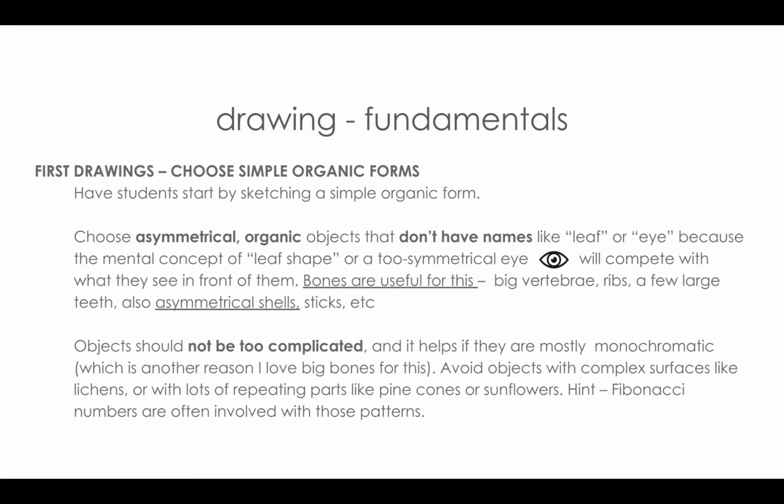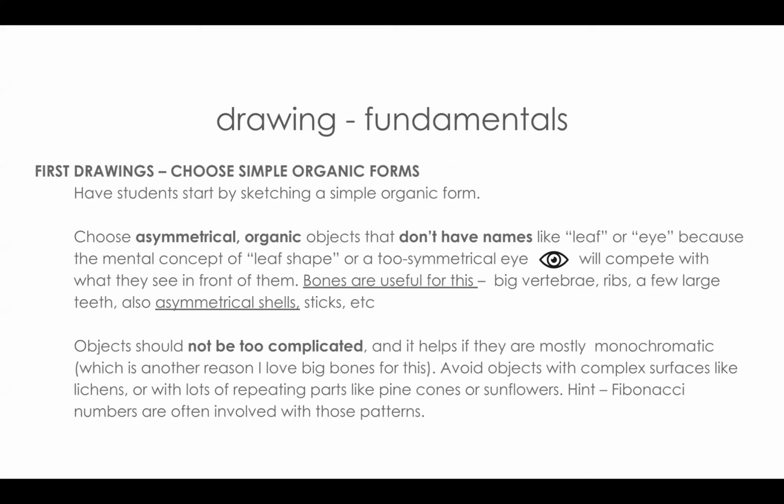On the very first day, at the beginning of the class, I will choose some organic forms. I go around to my drawing classes with a box of bones. What I use these bones for is to set them out in front of students and have them just look at them.